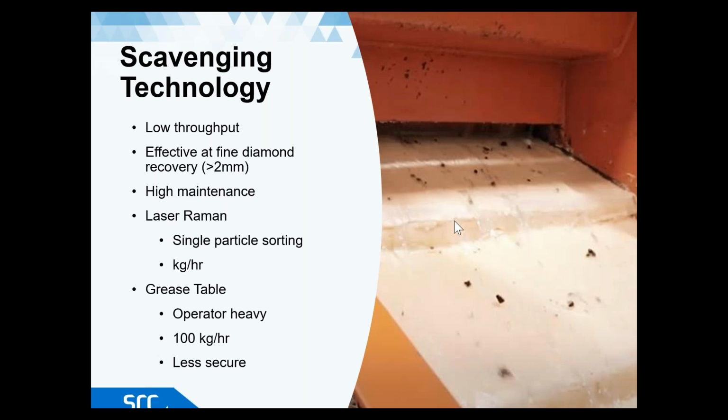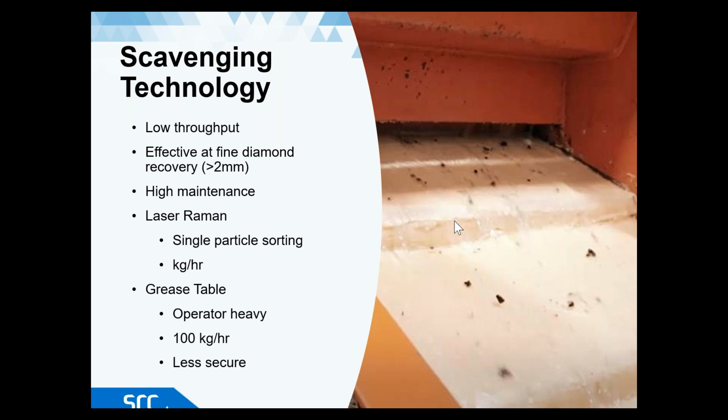So this is when it becomes important to have a scavenging technology to increase that recoverability again. Like I said before, they're typically low throughput, but they are going to be very effective at fine diamond recovery because of that low throughput. We use a grease table at SRC for our downstream processes for our scavenging on our circuit.